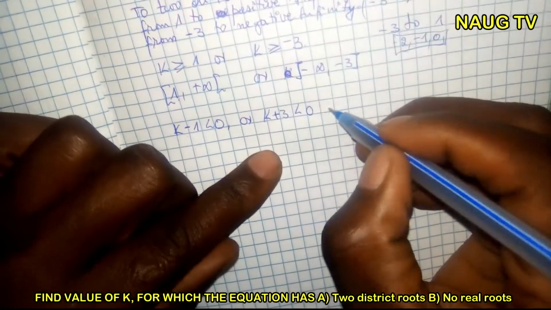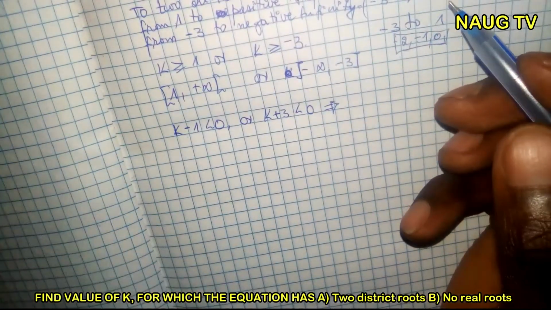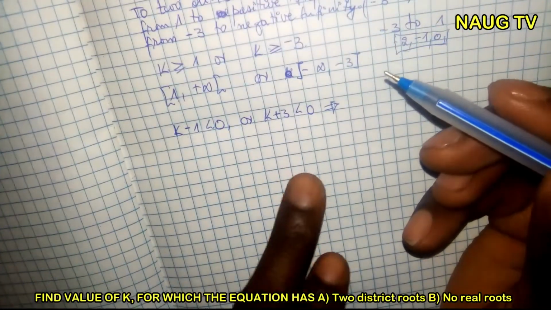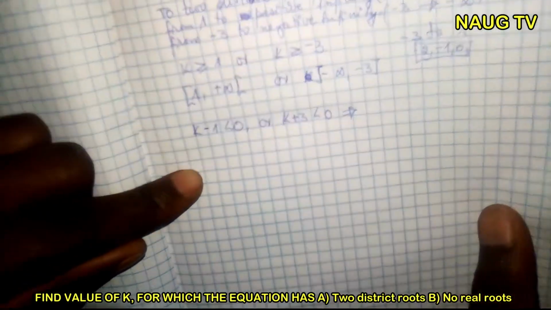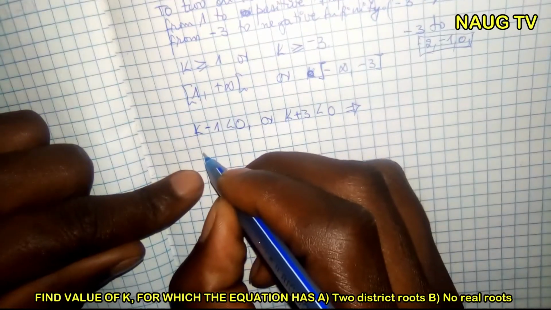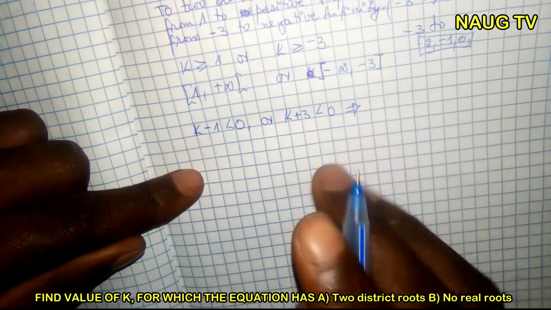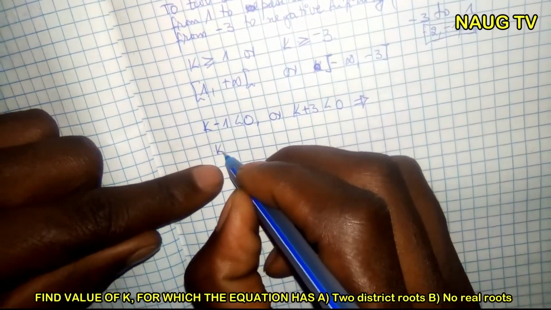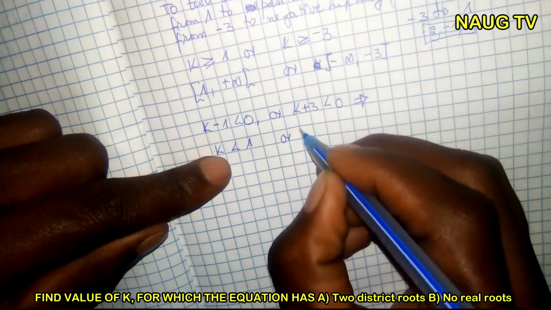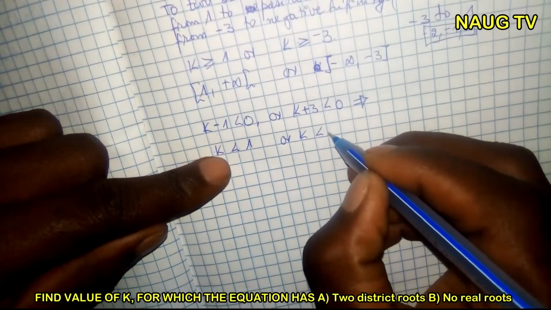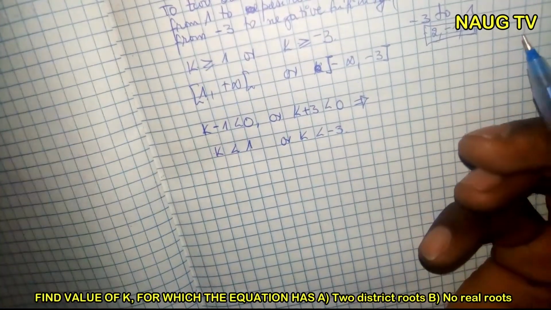This simply means that k is less than 1 or k is less than negative 3. Okay.